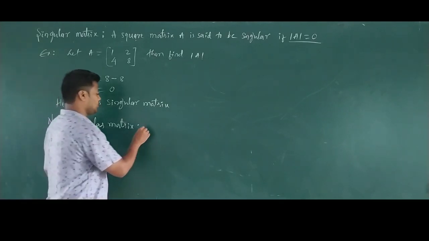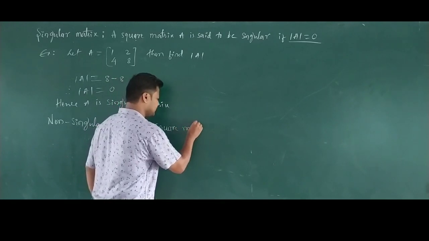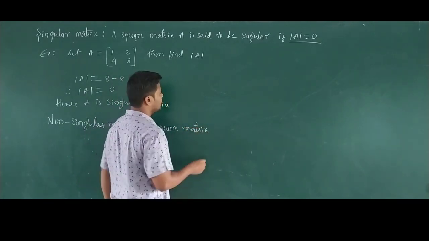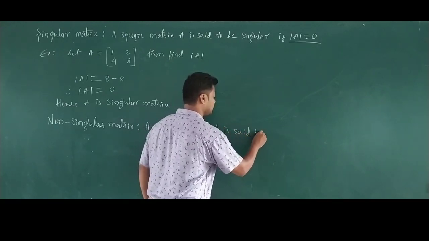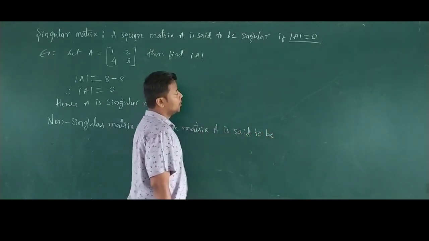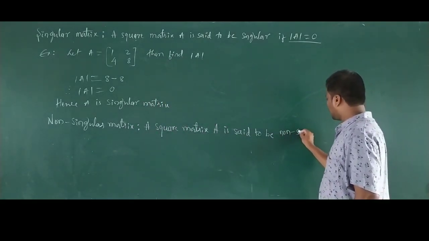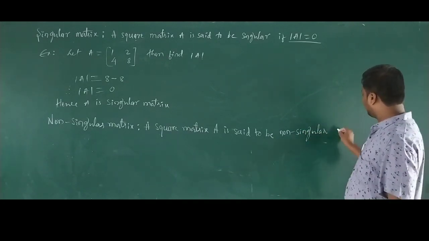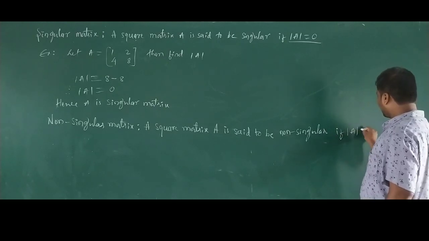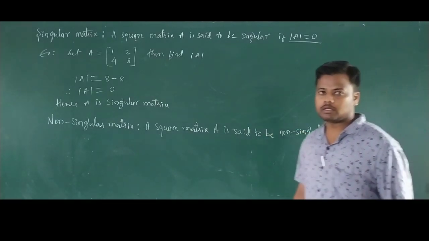A square matrix A is said to be non-singular if determinant of A not equal to 0. If the determinant is not equal to 0, then we call that matrix a non-singular matrix.